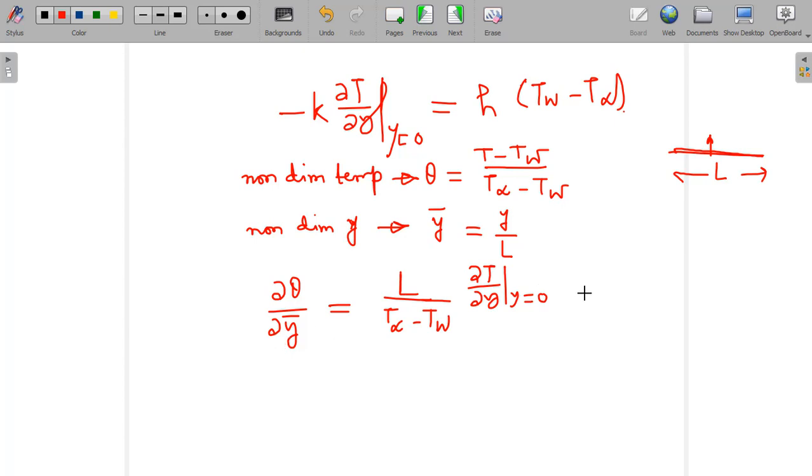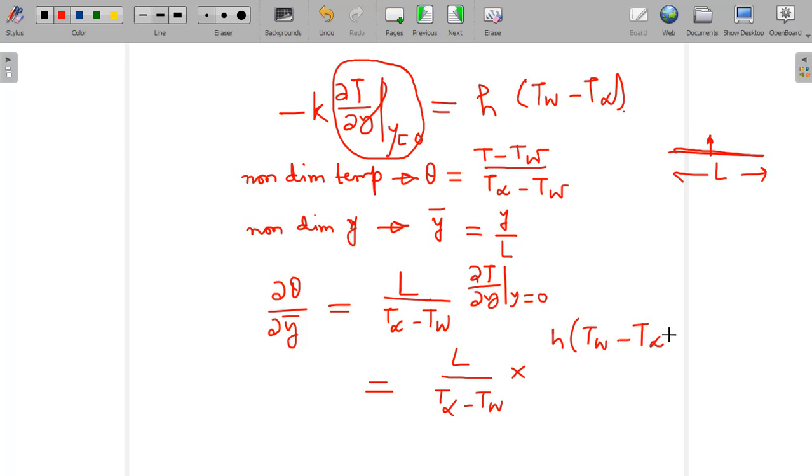Now next what you do, you just put this quantity, del T del y at y is equal to 0, which is H into T wall minus T infinity divided by minus K. So this is the value that we just put corresponding to this quantity. This quantity is H into this divided by minus K. So that we just put here.